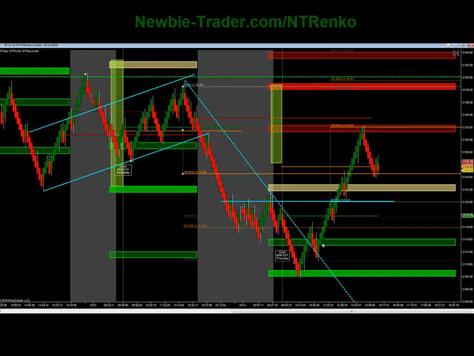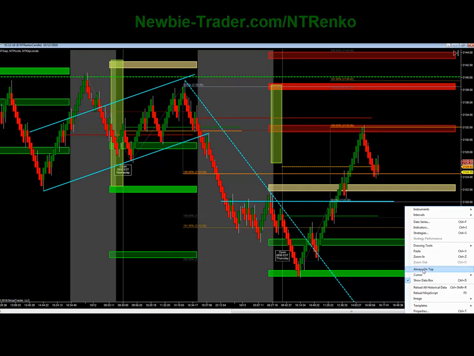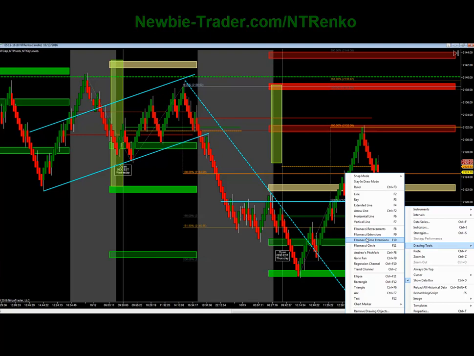But what was interesting about this move, once we broke out of this trend line and started climbing higher, was that there was another opportunity for us to make a similar symmetry move to what we did yesterday. So the move that I was interested in, let me just draw in this Fibonacci for you.